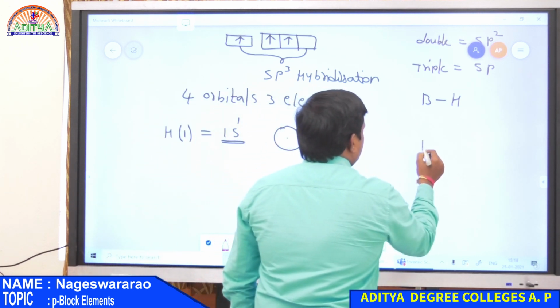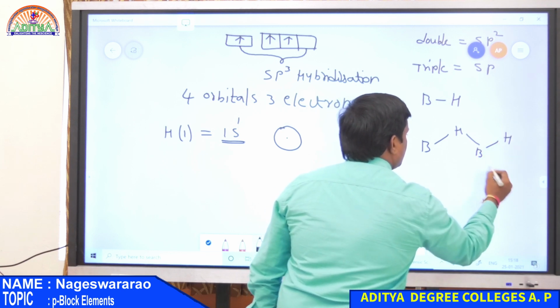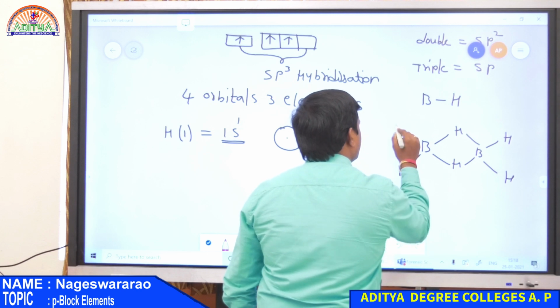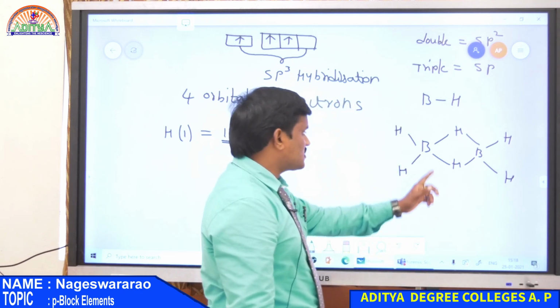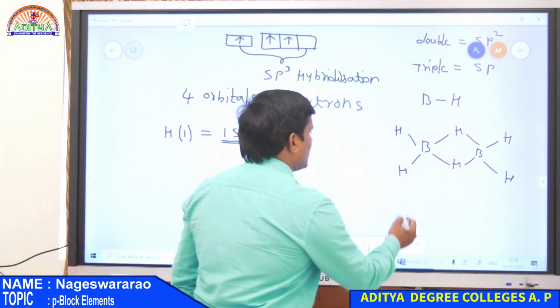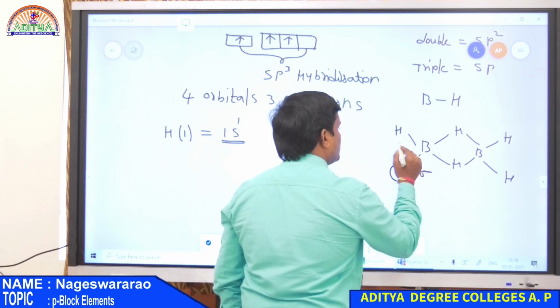So the structure for diborane is, so this is the structure proposed by Dilthey. There exist BH terminal bonds, there are 4 bonds. So each hydrogen atom is bonded with a boron atom, giving a sigma bond, again a sigma bond.